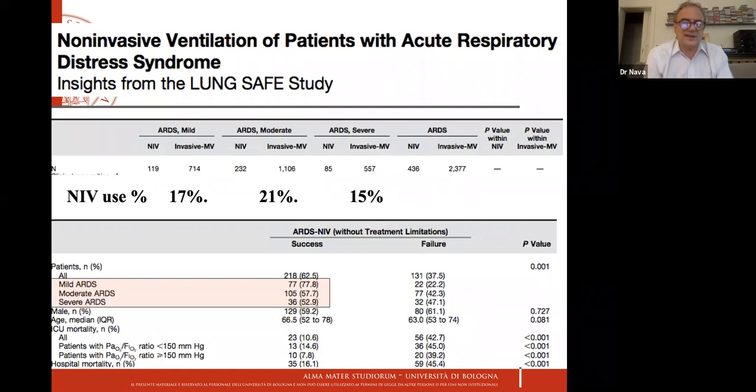But severity also determines the success or failure of NIV. If you apply it in severe ARDS patients, more than half of these patients are going to fail NIV. This is obviously not the case in mild ARDS. Moderate is more or less the same as severe.